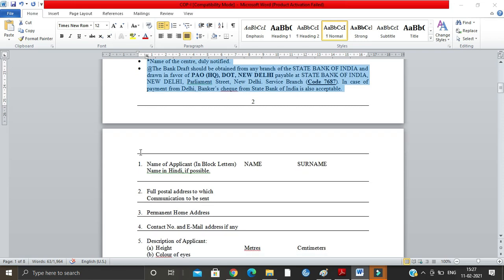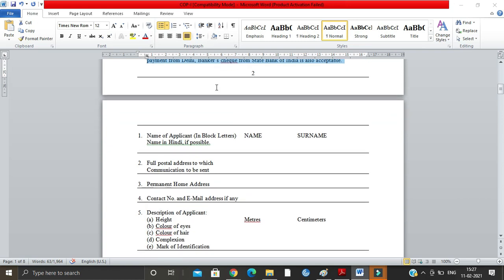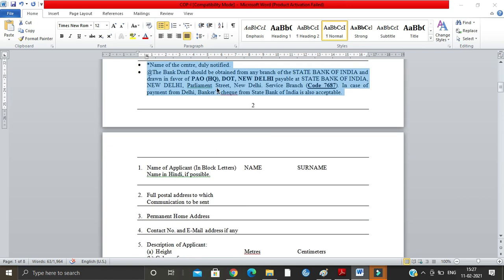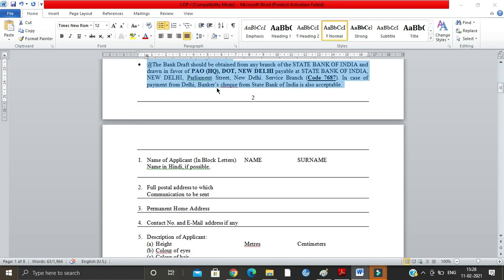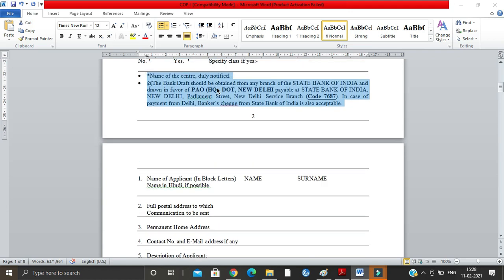So we will not be seeing this part again. Do not get confused by this part, because you haven't given a bank draft. If you take a demand draft of 500 and send it, there will be no use of it, because the schedule says that you have to pay the fees through the Bharat Kosh portal, or you can say the NTRP process.